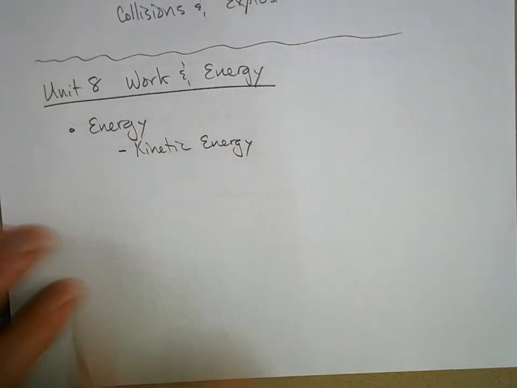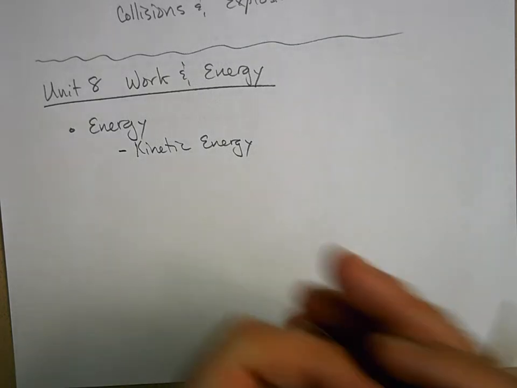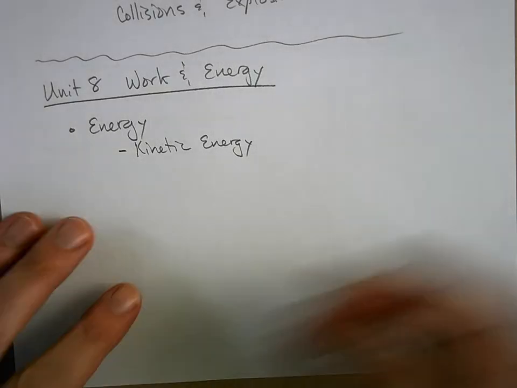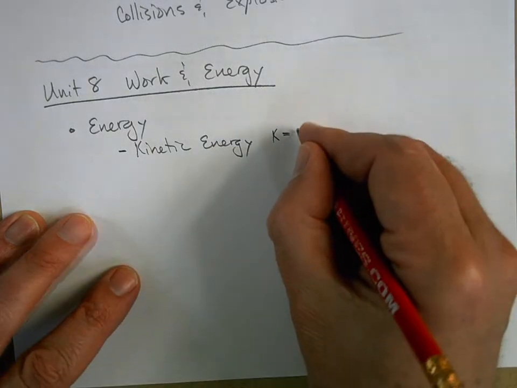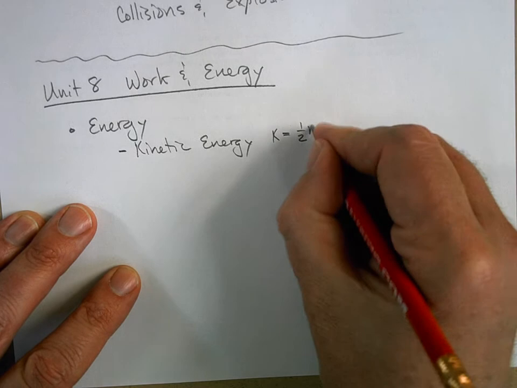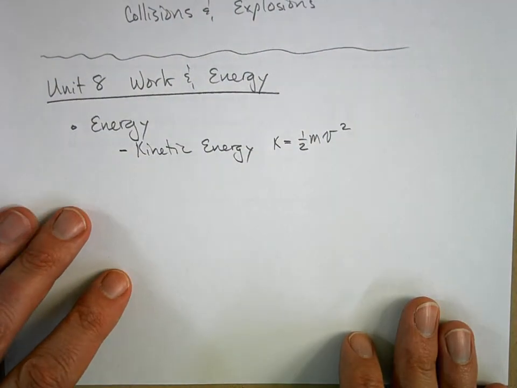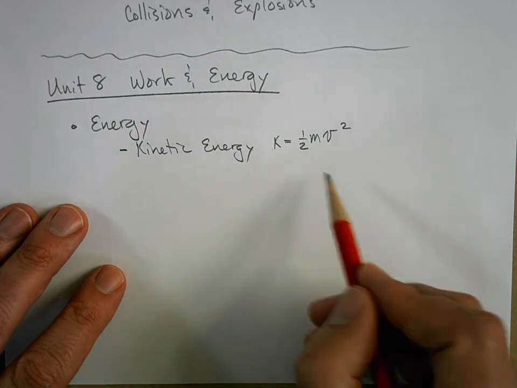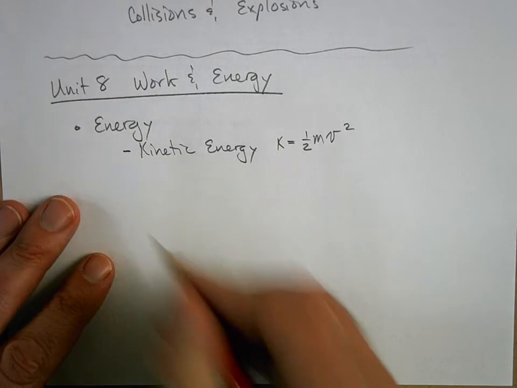If you don't believe me, go play on the freeway, and you'll find that those moving cars can make a change to your environment, perhaps a permanent one. Objects that are moving, if they have mass, they can make a change. Now, the equation we have for kinetic energy is K equals 1/2 the mass of the object times the velocity squared. Now we proved that. We showed why this is true. So you might want to review that.